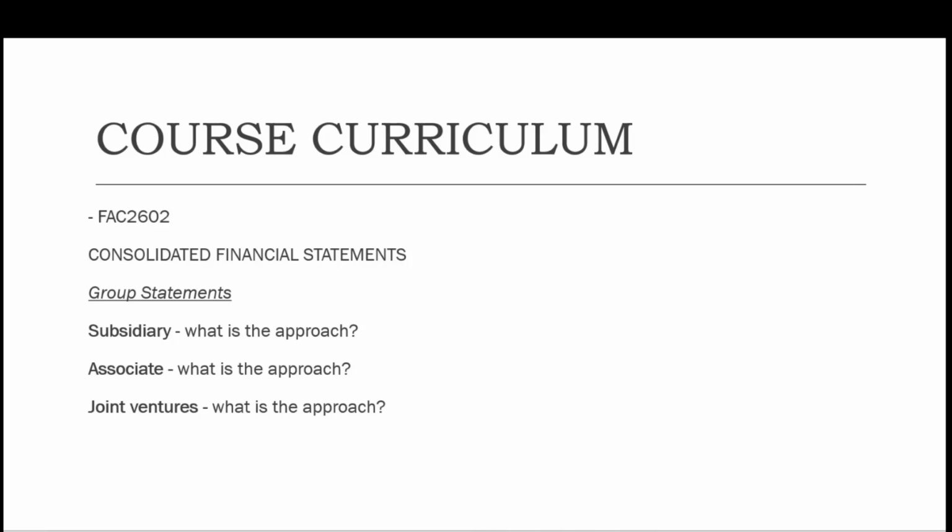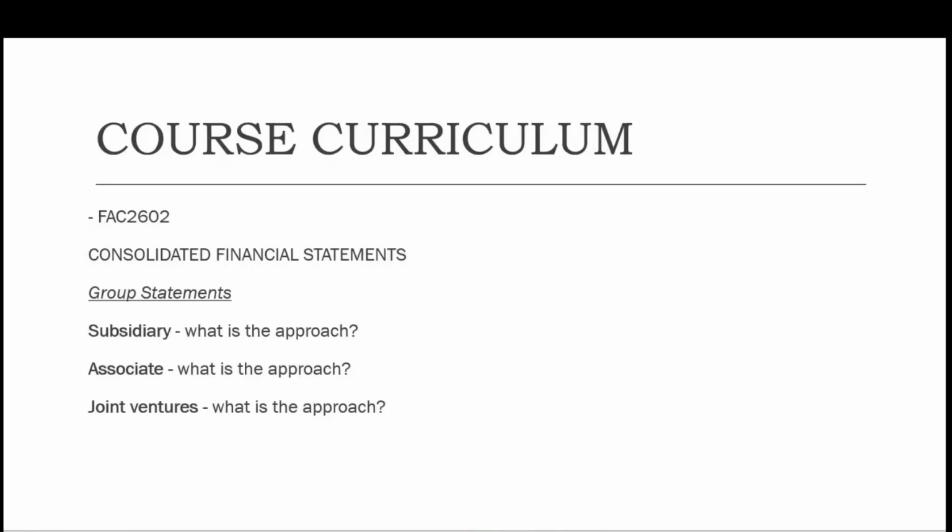The joint venture is also an arrangement. It can be any percentage. It can be 50-50, 75-25, 80-20, whatever. It will depend on what the agreement or the question tells you. That is a joint venture.